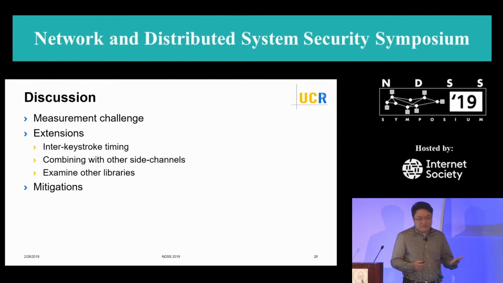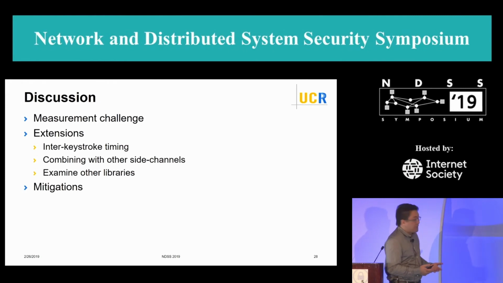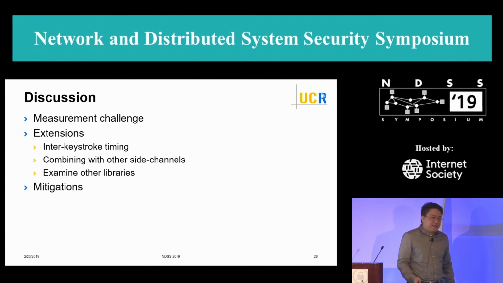For example, our attack automatically gets inter-keystroke timing, which is proven to be very useful. And we can also combine our attack with other side channels like acoustics, accelerometer, etc. And finally, our automated approach to discover side channels could be applied to other libraries.